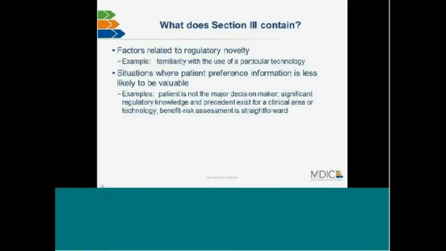So you don't need the preference information. You basically already understand what the preferences are. That's understood, and regulatory precedent exists for the approval. And then lastly, if you're lucky enough to have a situation where you have an objective endpoint and a huge benefit and very low risk, and the benefit-risk determination is straightforward, you also probably don't need patient preference information.